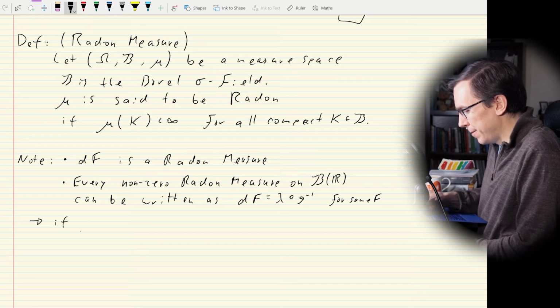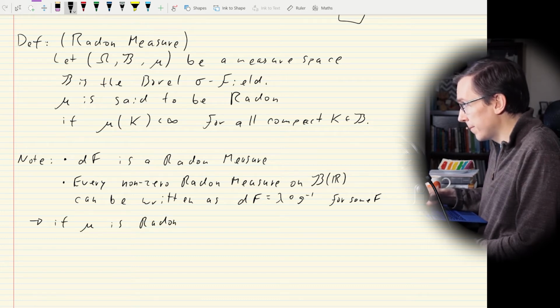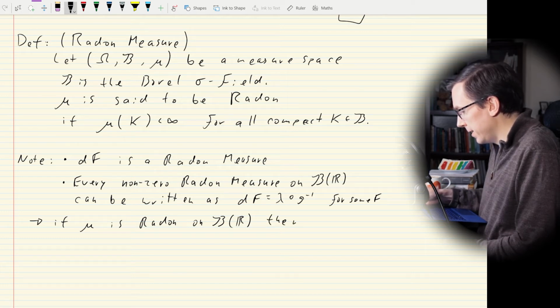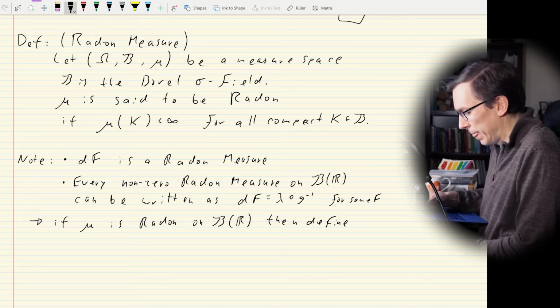which is, if mu is Radon on R, I guess I should say on the Borel sets of R, then define f of x to be, well, two things.